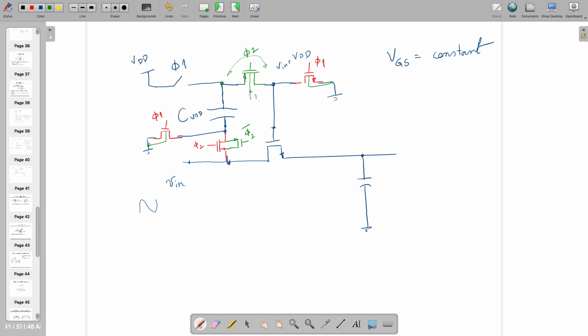So what will happen to this body? Because if I am connecting to VDD, this is connected to VDD. Oh, sorry.